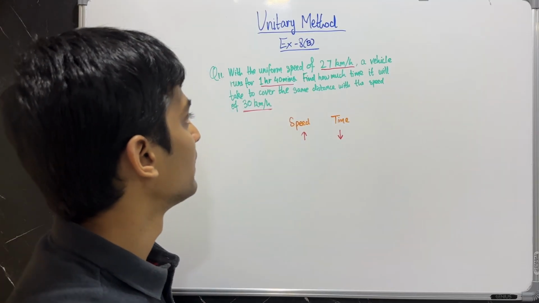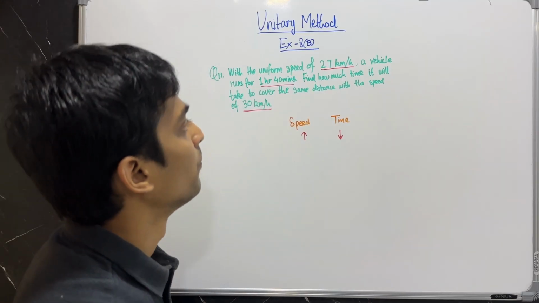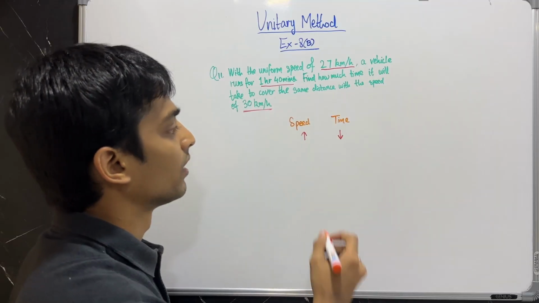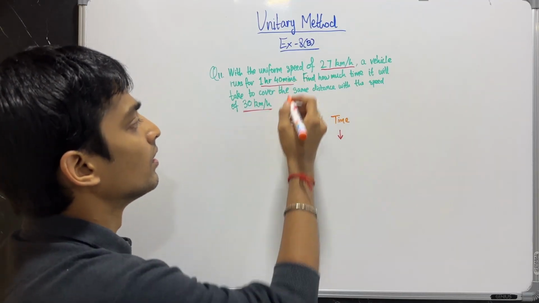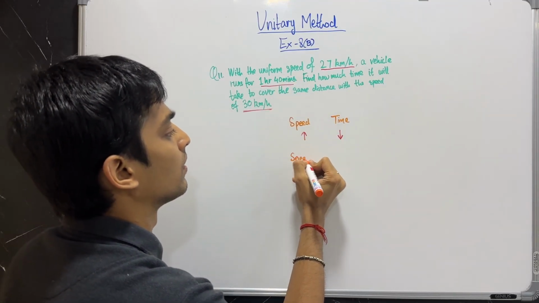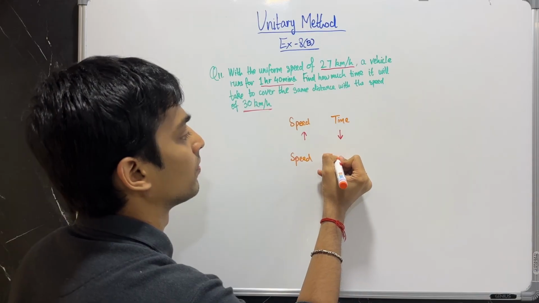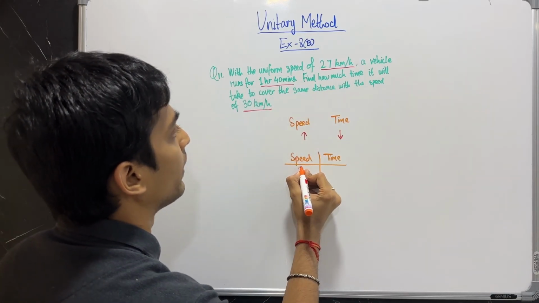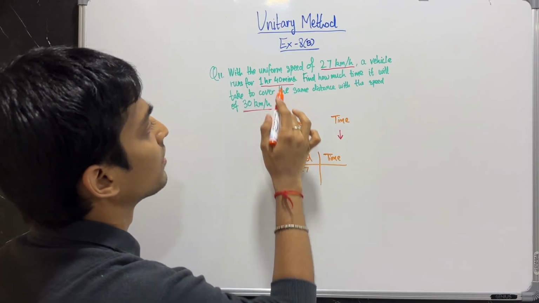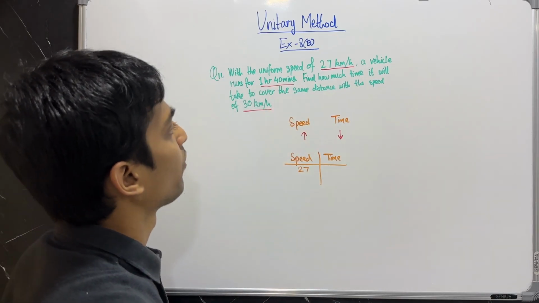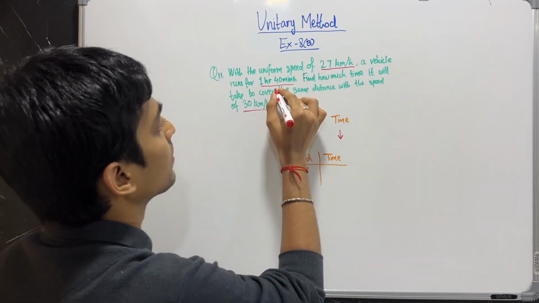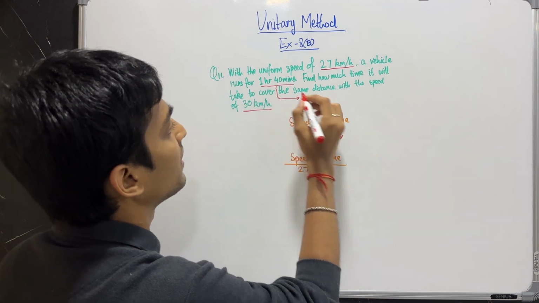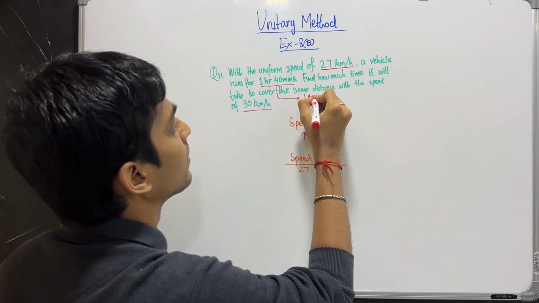Now we can simply make the table. We want to find how much time. Time will be on the right column. So speed, time. Speed is 27. This 1 hour 40 minutes is 60 plus 40, so 100 minutes.